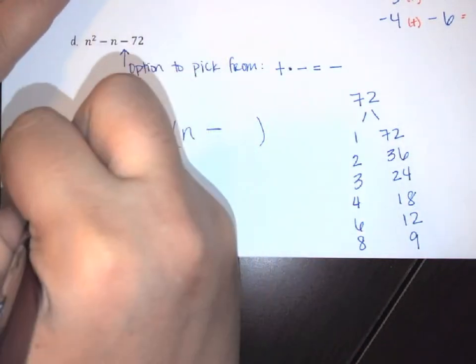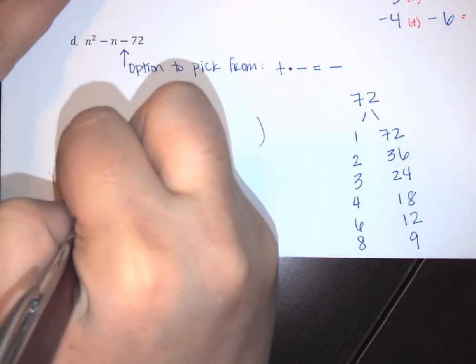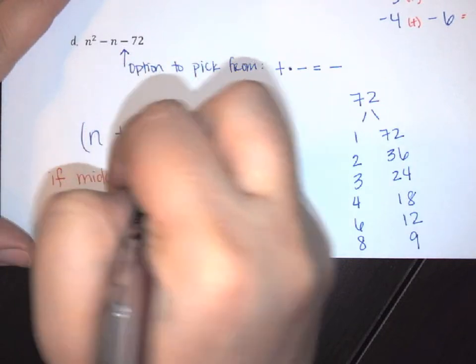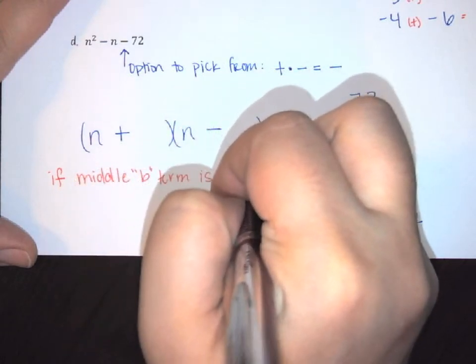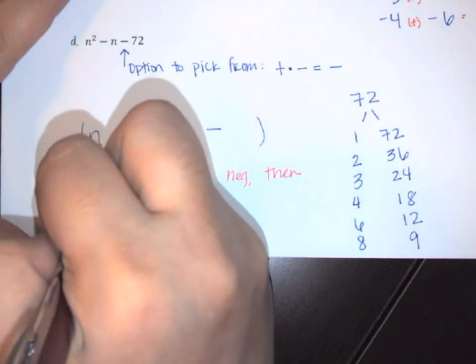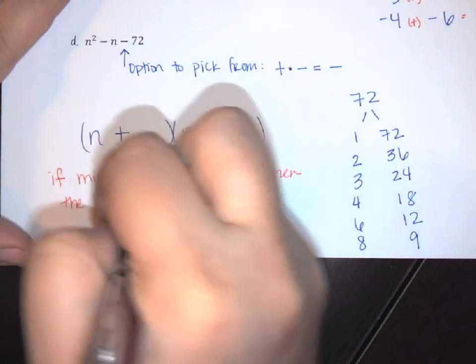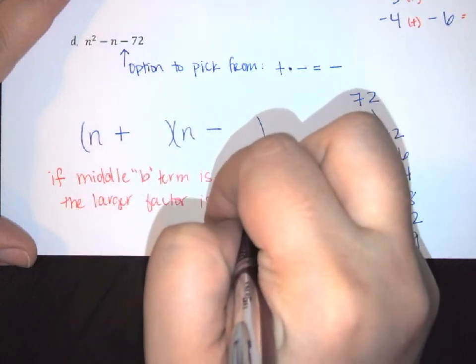Okay. So again, if the middle b term is negative, then the larger factor is negative.